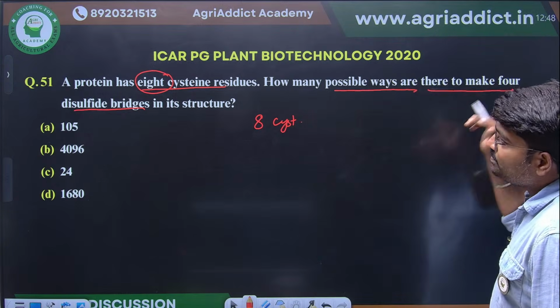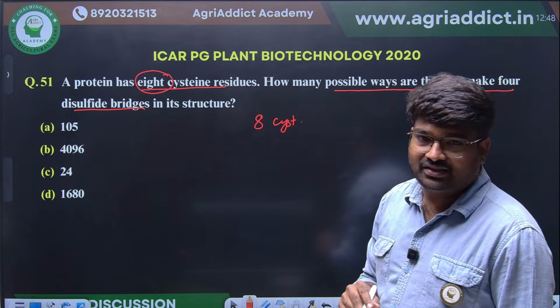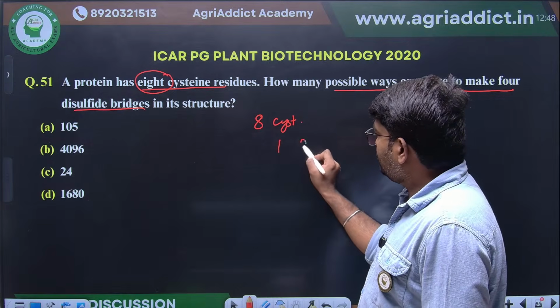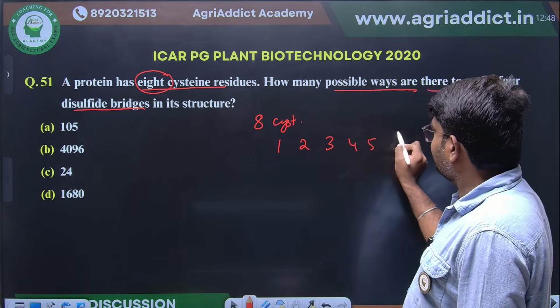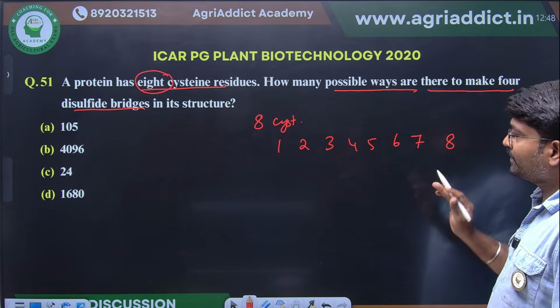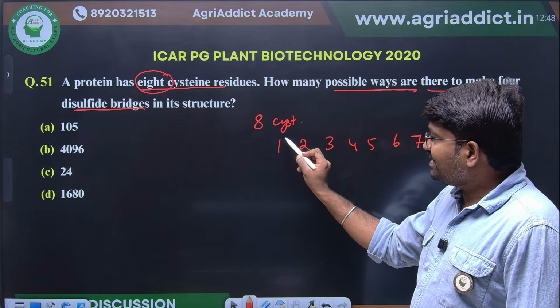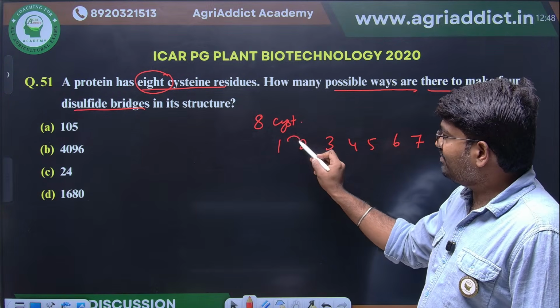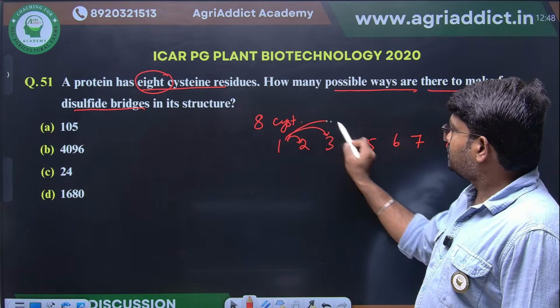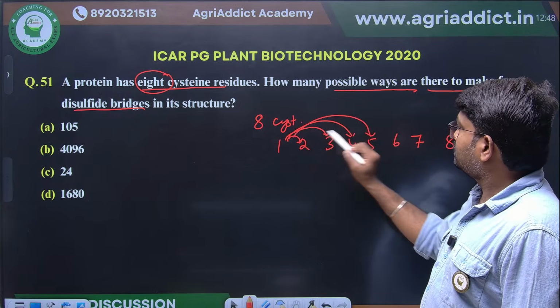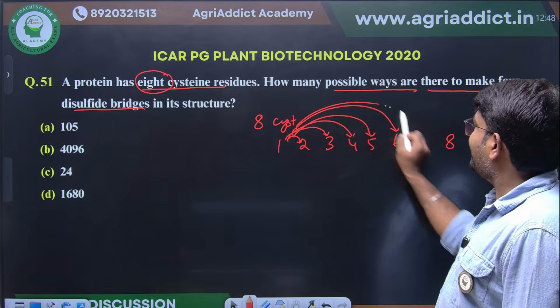What are the possible ways to make the disulfide bridges? You see 1, 2, 3, 4, 5, 6, 7, 8. Eight things are there. Just imagine, the first one has 7 different possibilities. This can bind with this also, this can bind like this.